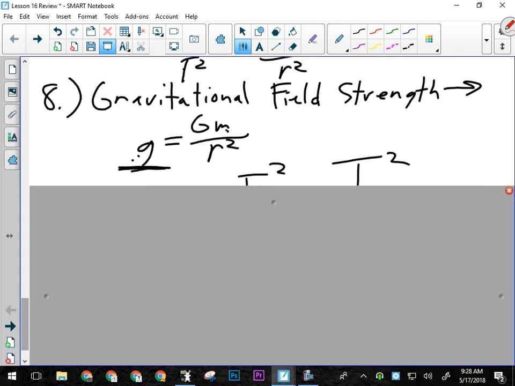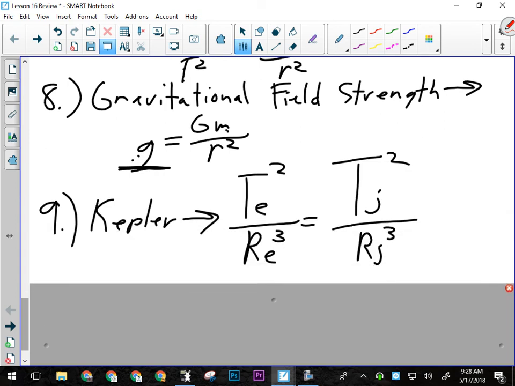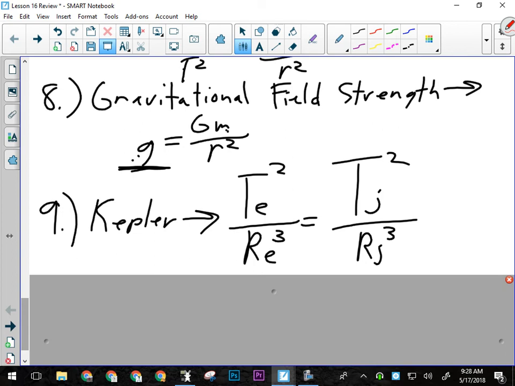All right. Then we got Kepler as well. There may be a problem on the exam that you could solve either with Kepler or with this. But which way always works? Does Kepler always work, or does FC equals FG always work?